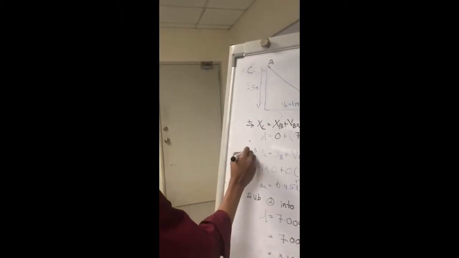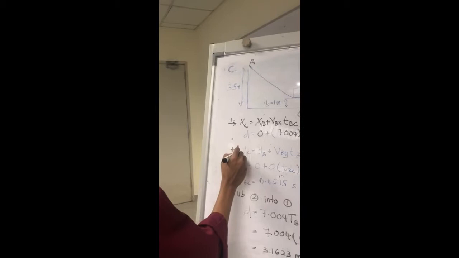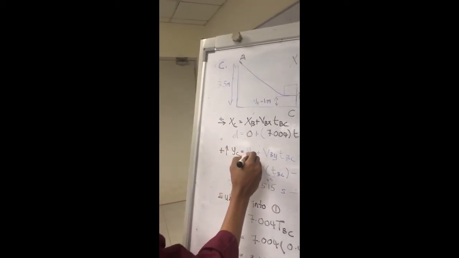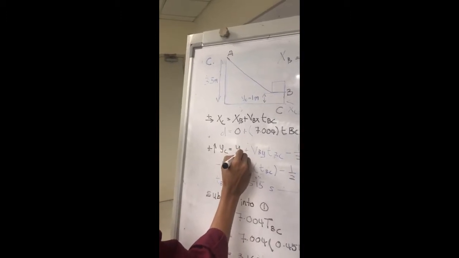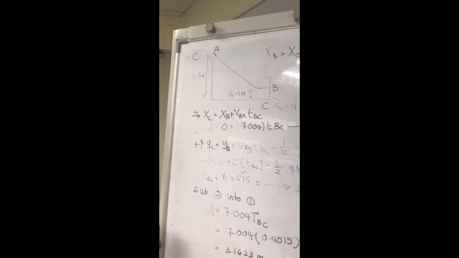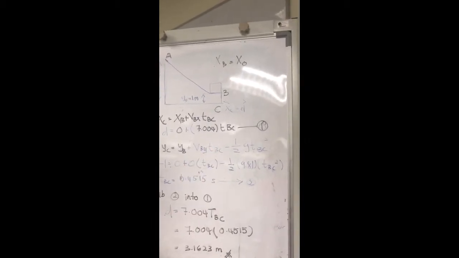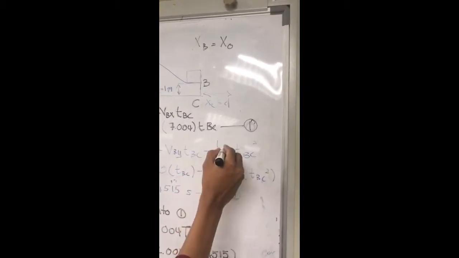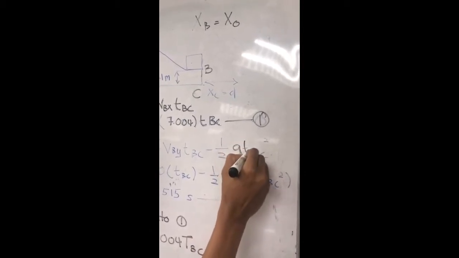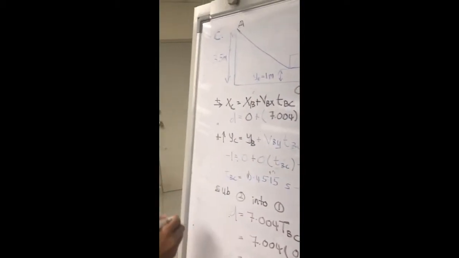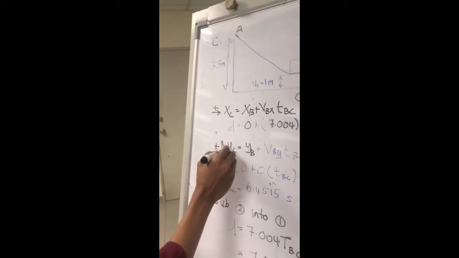And for the vertical component, yC equal to yB plus vBy times tBC minus 1/2 g tBC squared.